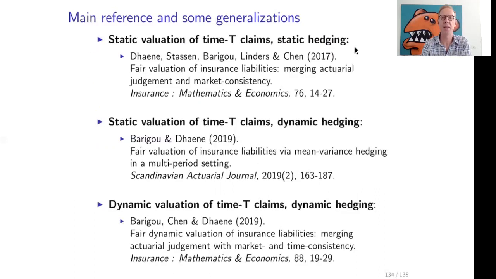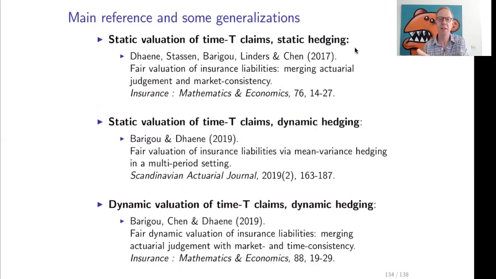We can generalize these results in very many ways. One is we could also have a look at the static valuation of time t claims in a dynamic hedging area. So what does that mean? We have a time t claim, a claim to be paid at time 10. We do a static valuation, so we want to value it at time 0 now, but we allow dynamic hedging.